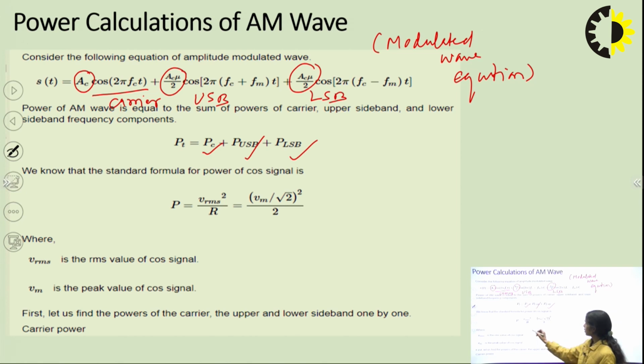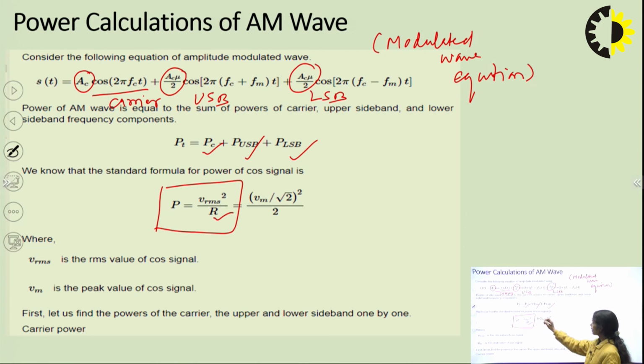Power is calculated by the standard formula Vrms square divided by resistance. Resistance is taken as the resistance of the antenna. The RMS value is given as Vm by root 2, where Vm is the peak amplitude, whole square divided by R.